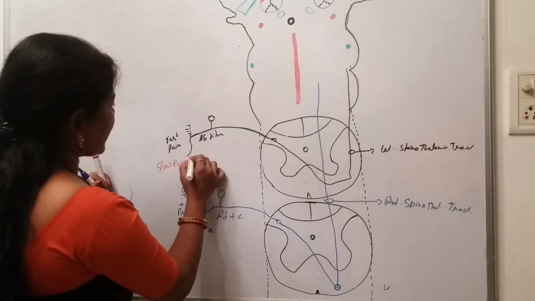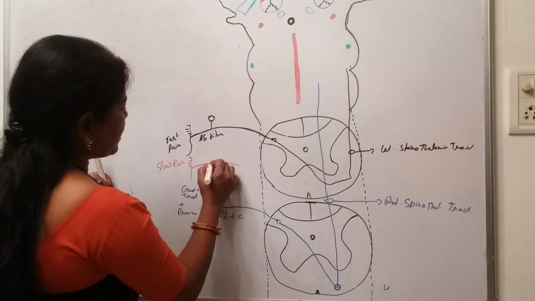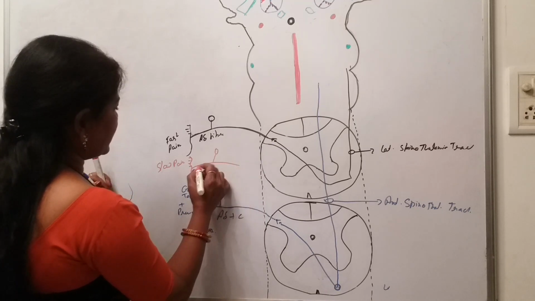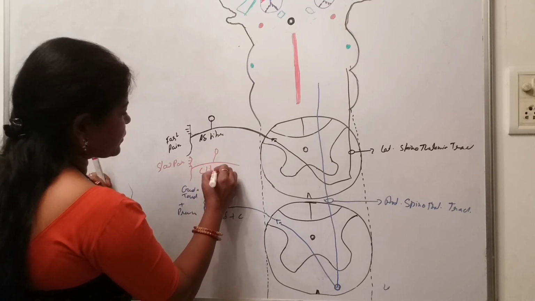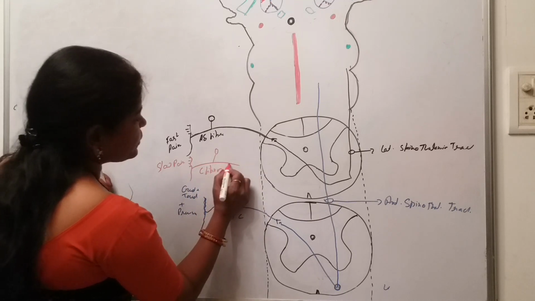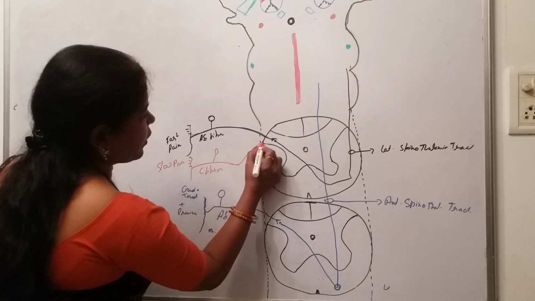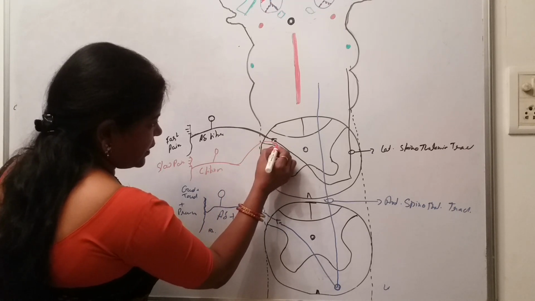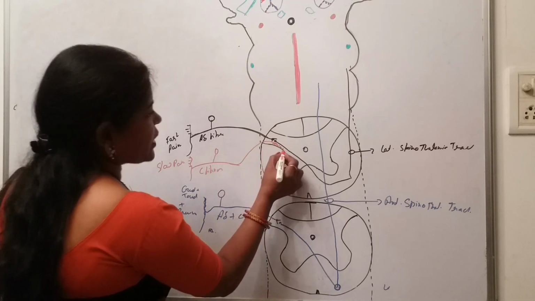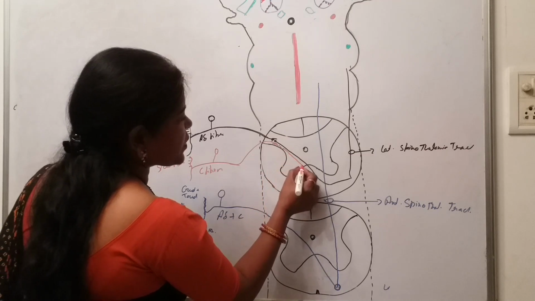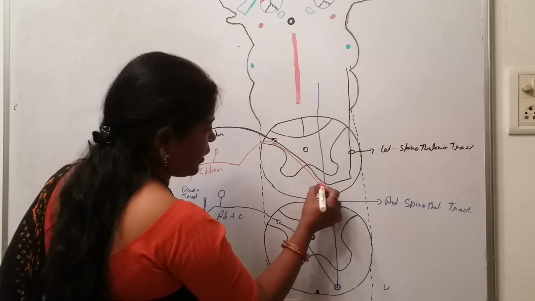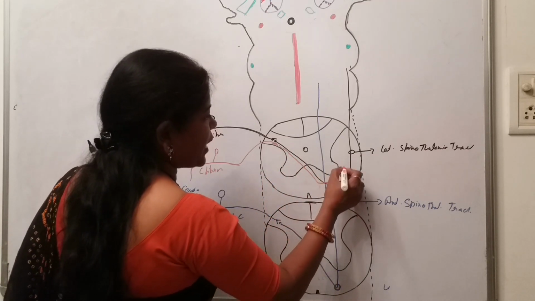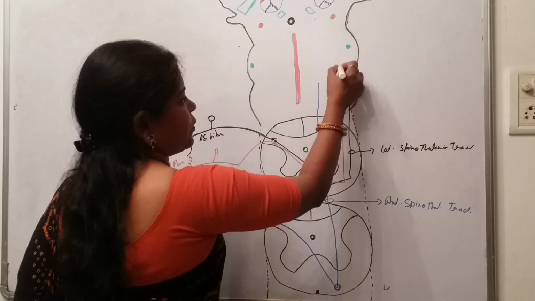The slow pain fibers, which are conducted via the C fibers, when they move inside the spinal cord, terminate here in the multiple neurons, and finally come out and move to the contralateral side again and ascend upwards in the lateral column.